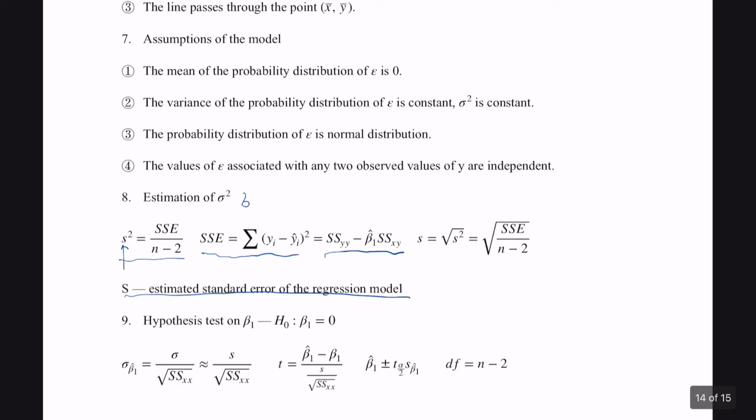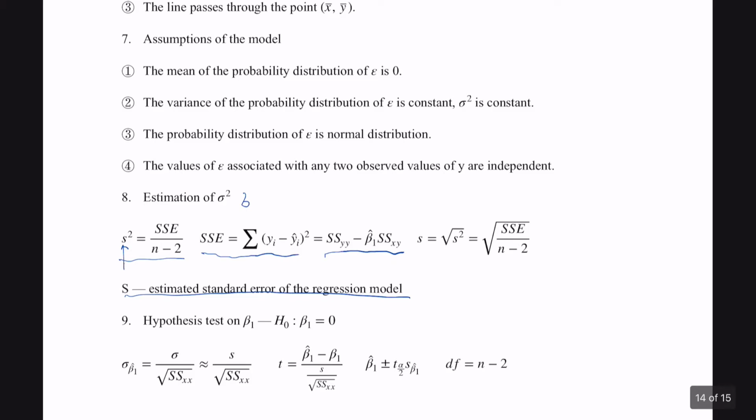And the variance of the sampling distribution of the sample mean is smaller than the population variance. It is the population variance divided by n, the sample size.